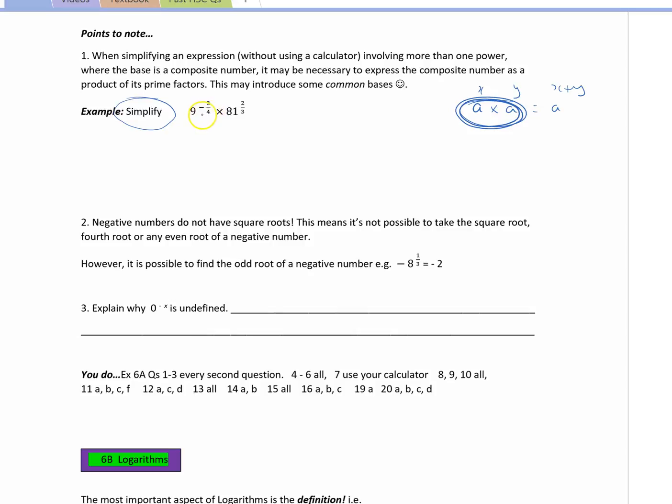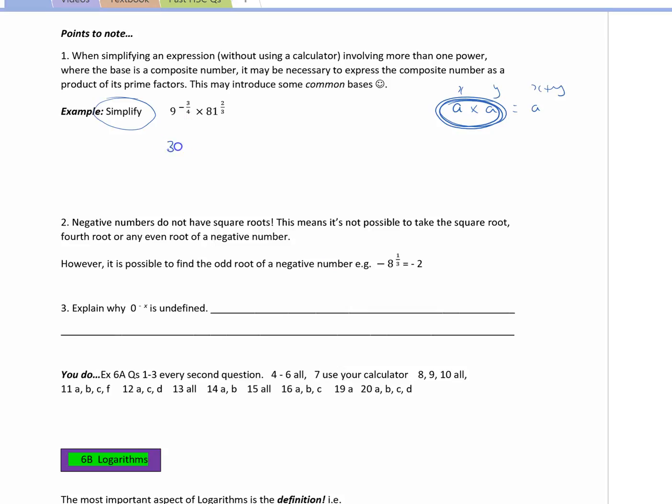Like I said, the questions are often set up such that we can express these both to the same base. So you can see that 9 is 3 squared, to the minus 3/4, and 81 is 3 to the power 4, all to the 2/3, which would give you 3 to the minus 6 on 4 times 3 to the 8 on 3, and we can now add the indices.